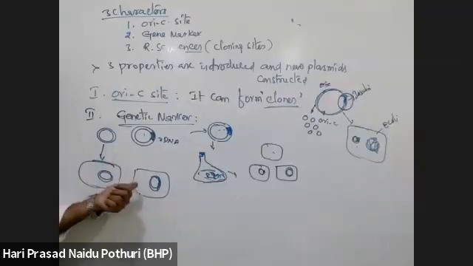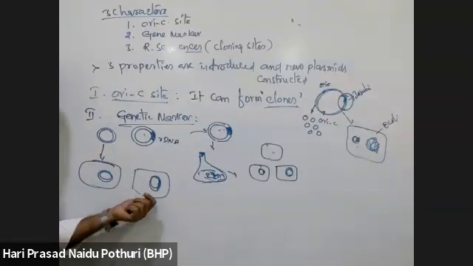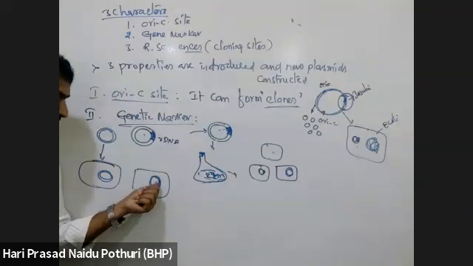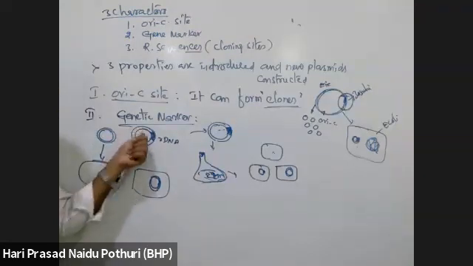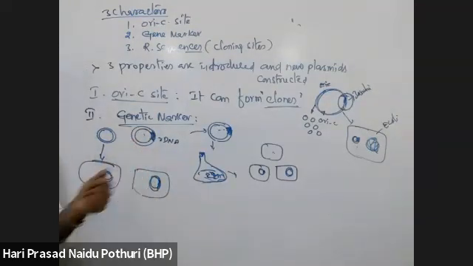This is also a transformant, because both got the plasmid. But here the desired gene is present, and here there is no desired gene. Transformants with only plasmid and no desired gene are called non-recombinants. Transformants which took vector and desired gene both are called recombinants.